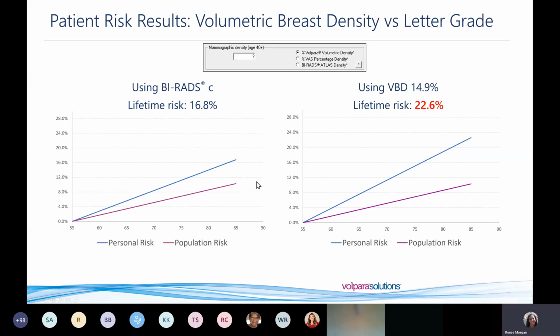But when putting the volumetric breast density percent of 14.9 in, now it gives that more personalized risk assessment for her, where her lifetime risk is now 22.6, above that 20% where she's now eligible for screening MRI. So it really does give that patient a more personalized risk when bringing the density into TC8.